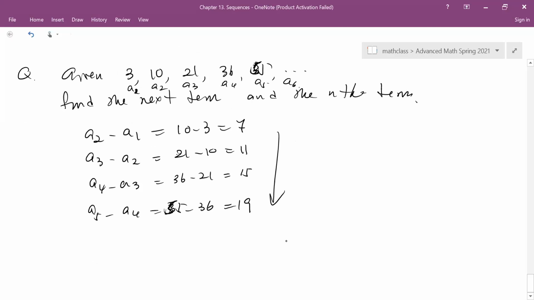Okay. So if you want to get the 6th term, it's easy to figure out the next number in the sequence 7, 11, 15, 19, right? What is that number? At least you have to find out the 6 terms.